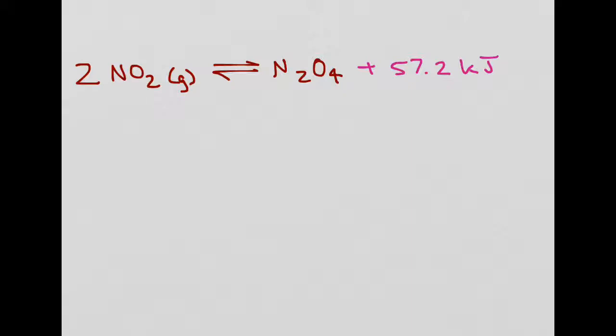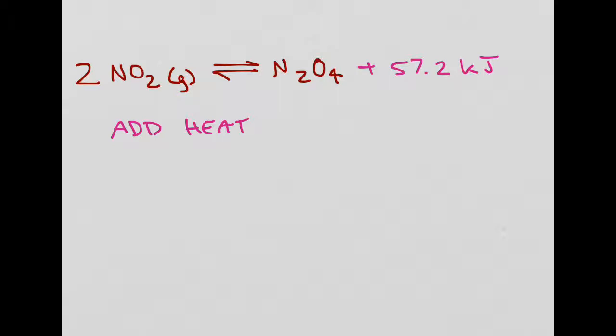So imagine this where I add heat to the whole system. Okay, so both sides essentially get heat, both the reactants and product sides get heat. But if you're adding it to the whole system, then in a sense it's going to affect one side more than the other. Think of heat in this case as being a product.